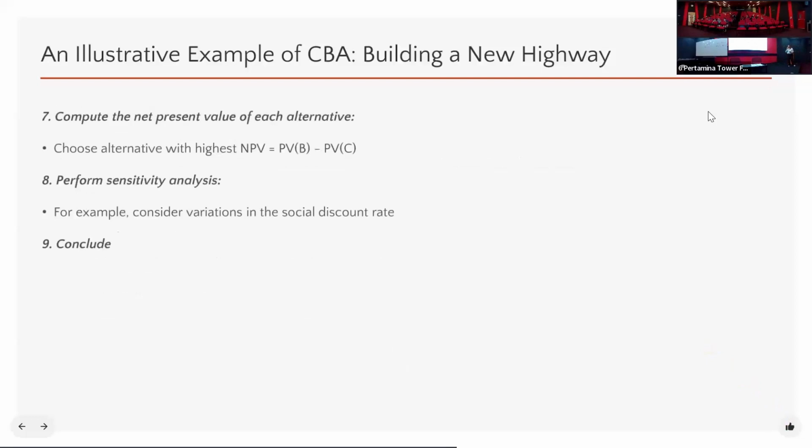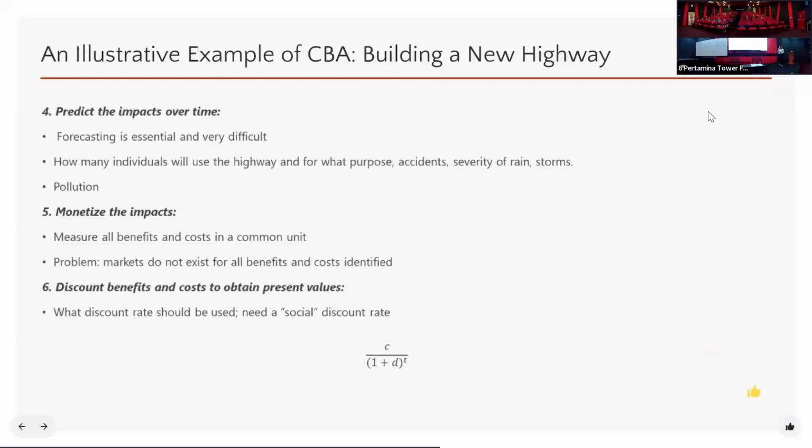So we find the net present value and we perform sensitivity analysis and we conclude. And you notice that this formula is super sensitive to the denominator. So according to D, this can change a lot. The higher the D, what will happen?